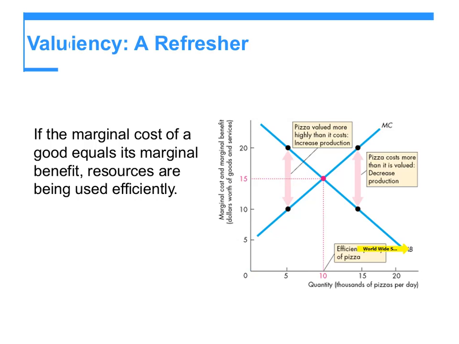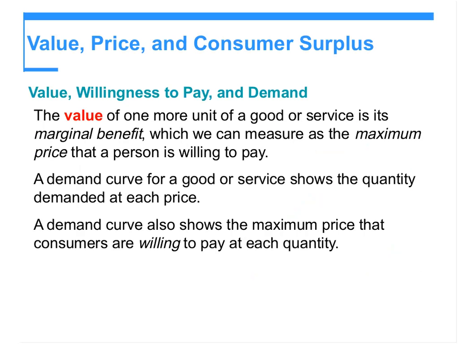So let's talk about value, price, and consumer surplus. So value, willingness to pay, and demand. The value of one more unit of a good or service is its marginal benefit, which we can measure as the maximum price that a person is willing to pay. So the maximum price that you are willing to pay for a certain quantity is actually the value that that certain product has for you.